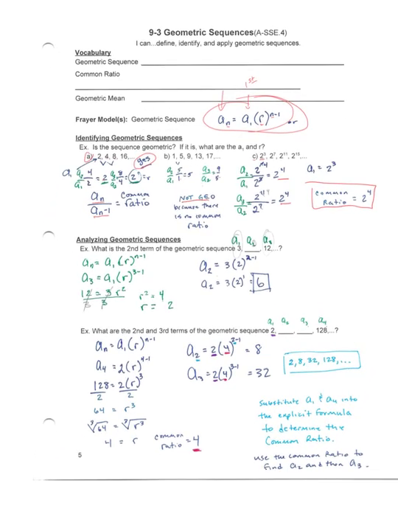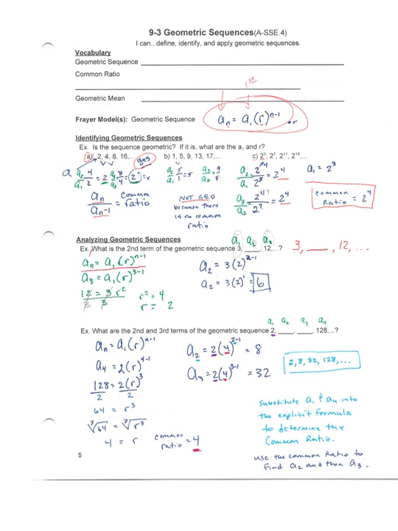And now that we have identified geometric sequences, let's try to analyze these geometric sequences. What is the second term of the geometric sequence 3, blank, and 12? There are multiple ways to do this actually, but what they're trying to get us to do is use the explicit formula.